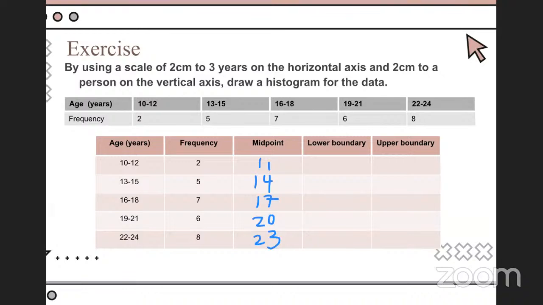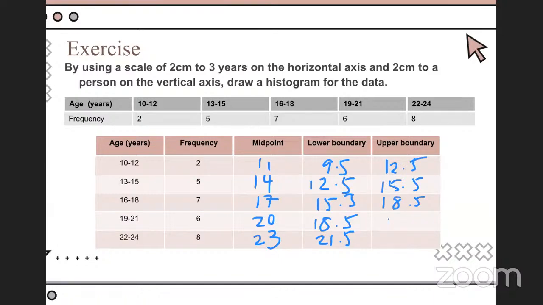So the lower boundary will be 9.5, 12.5, 15.5, 18.5, 21.5, and the upper boundary will be 12.5, 15.5, 18.5, 21.5, and 24.5.